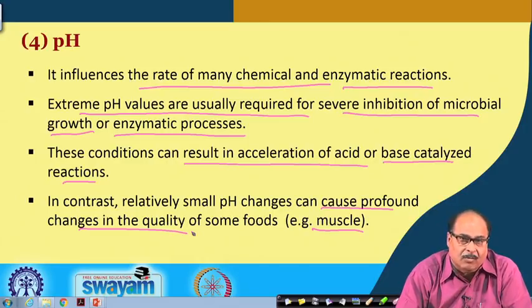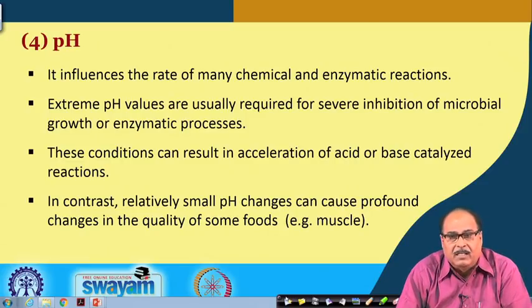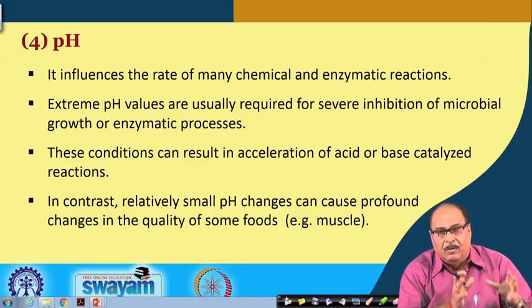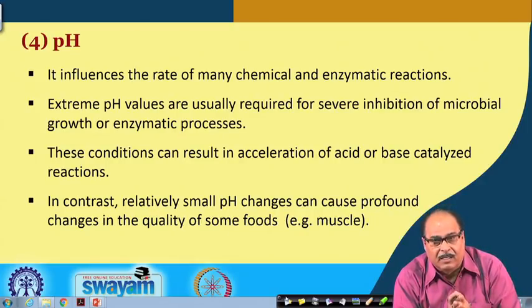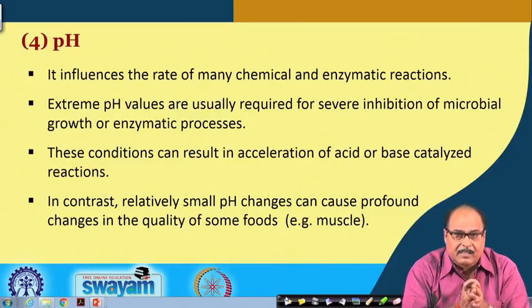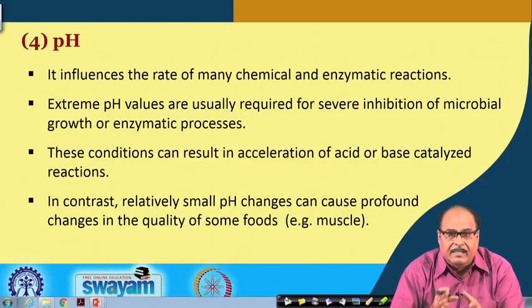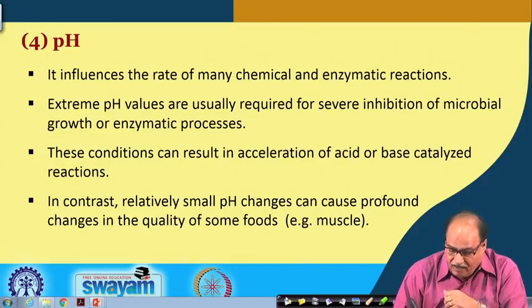So, all these things make pH a very important variable one must consider during processing. When we want an enzyme reaction to proceed, and the target is properly controlled enzyme reactions or microbiological reactions, we must see that the pH of the food is in the range of the optimum pH for the maximum or best activity of that enzyme or microorganism.